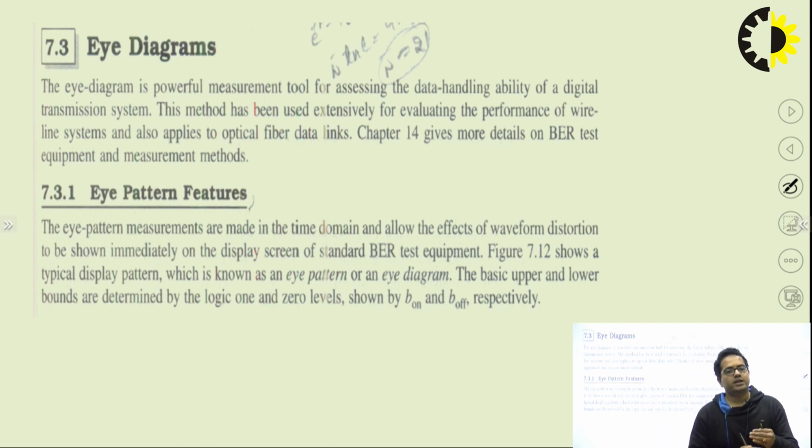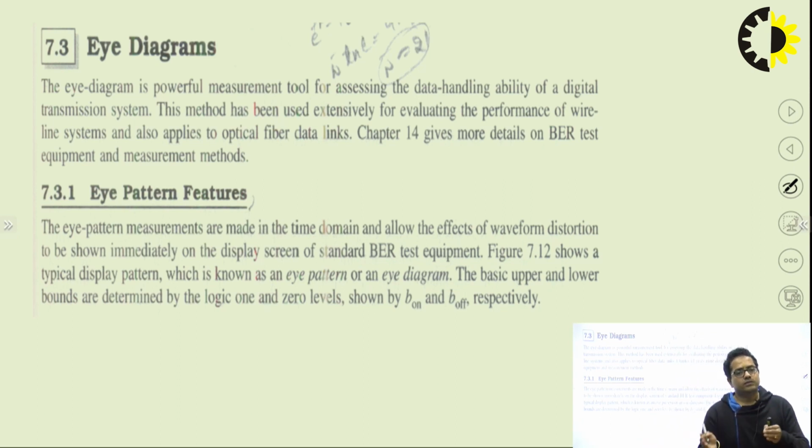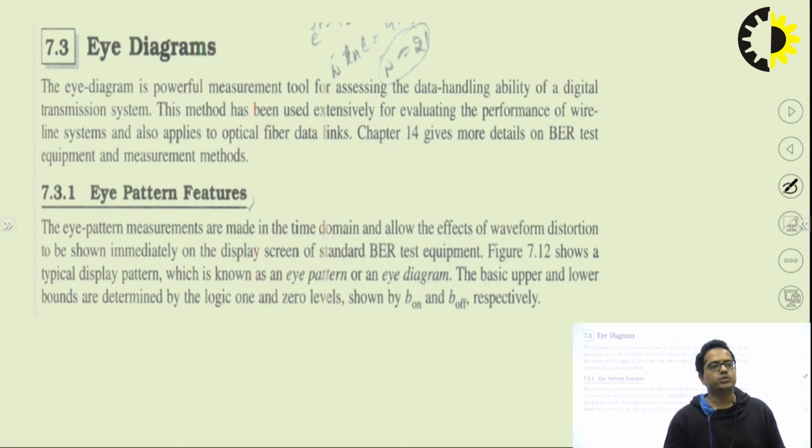With the help of this eye diagram, we can visualize the effect of noise on the incoming signal, that means the effect of jitter, as well as the effect of intersymbol interference on the received signals.